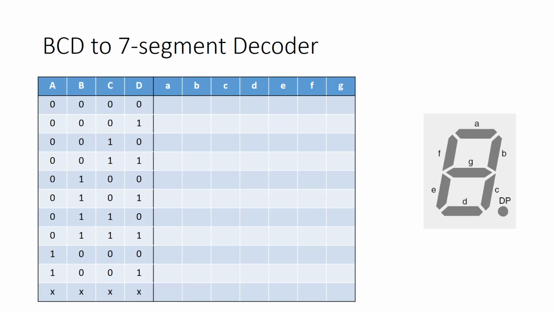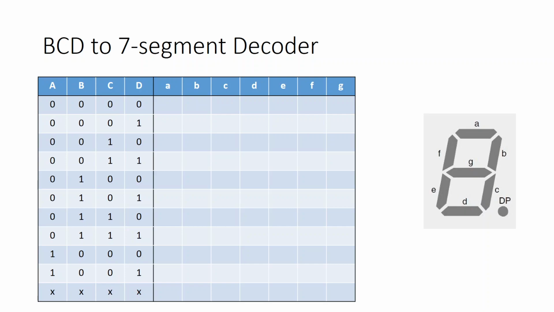So we have 4 digital inputs and 7 digital outputs. These LEDs will be activated, which means an activation signal will come, either high or low. Here let us consider active high. So this is the truth table that we will form.